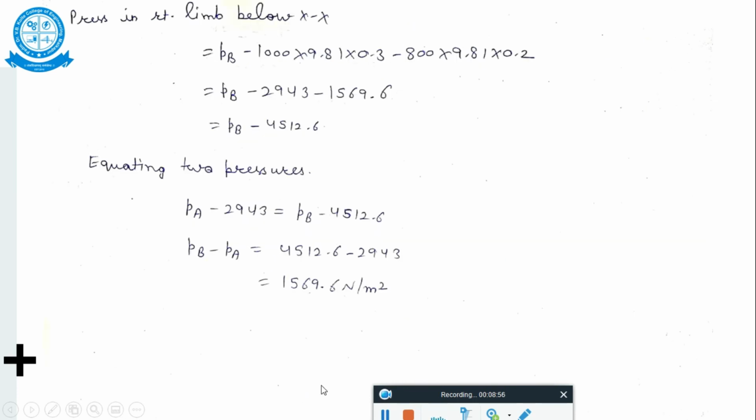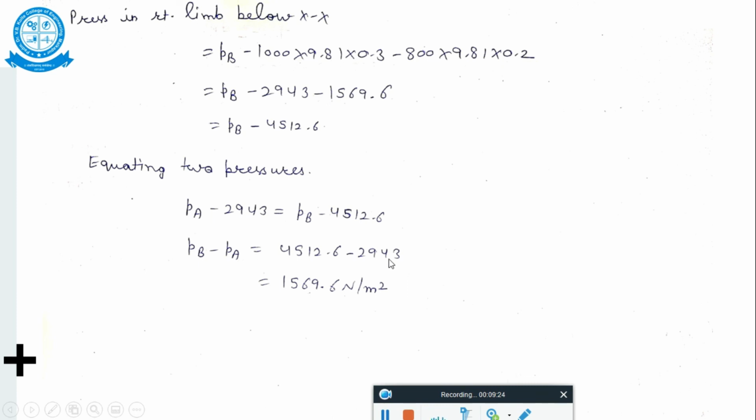Similarly for the right limb, PB minus 1000 into 9.81 into 0.3 minus 800 into 9.81 into 0.2. From that we get the equation in terms of PB: PB minus 4512.6. Equating these two equations, we get the pressure difference between PA and PB, which is 1569.6 Newton per meter square.